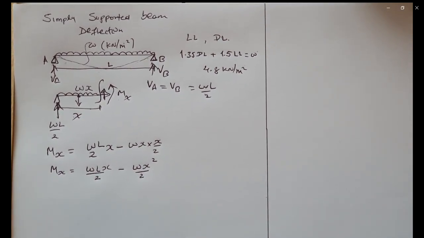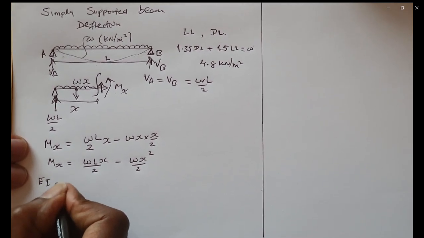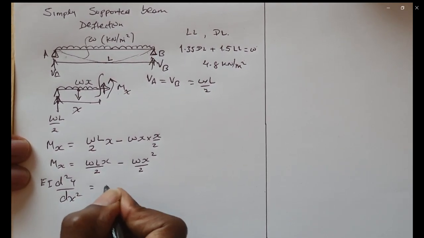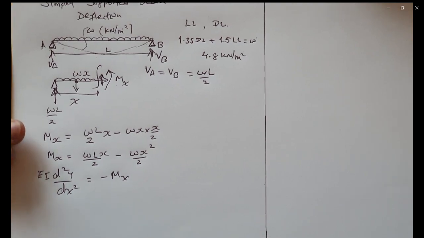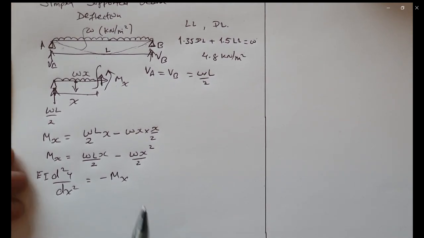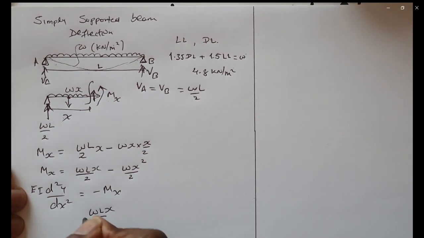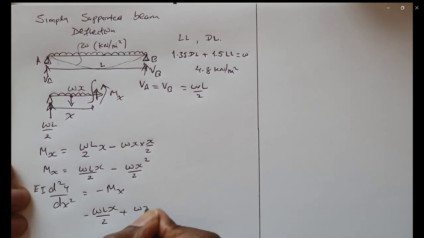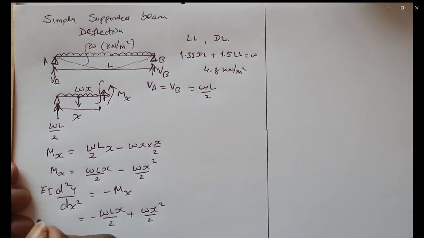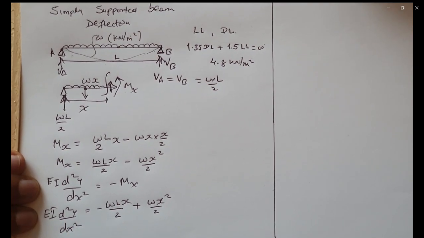From the differential equation, we have EI d squared y over dx squared, which is equal to minus MX. In this case, our MX is WLX over 2 minus WX squared over 2, so minus WLX over 2 plus WX squared over 2 is equal to EI d squared y over dx squared.